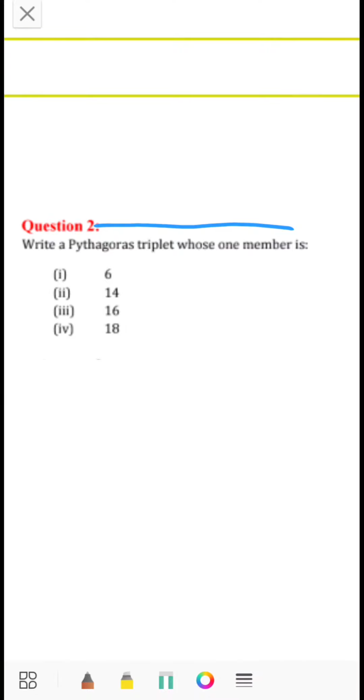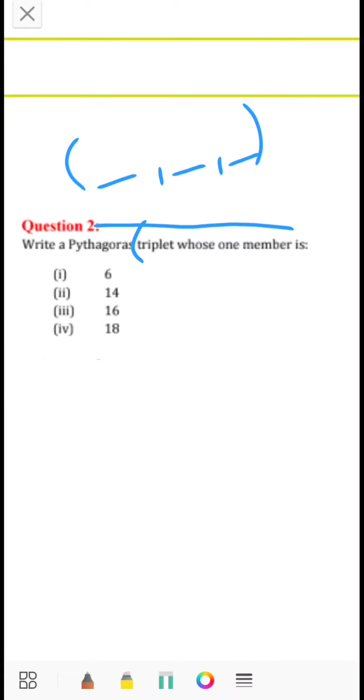Now first of all you should be clear about what the meaning of Pythagoras triplet is. Triplet means a group of 3 numbers. Pythagoras triplet means a group of 3 numbers which satisfies the Pythagoras theorem, which you have already studied, but you have to find out the group of 3 numbers.